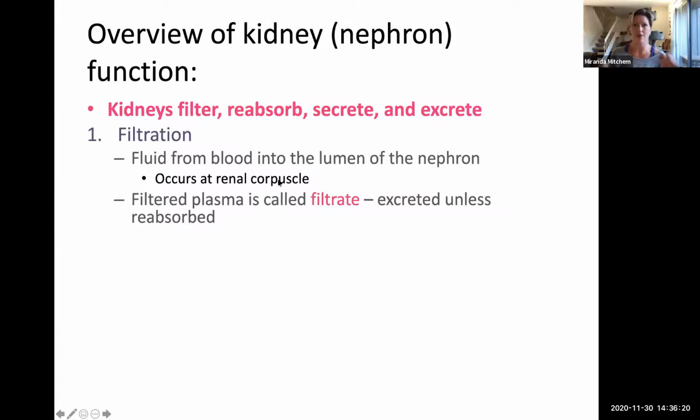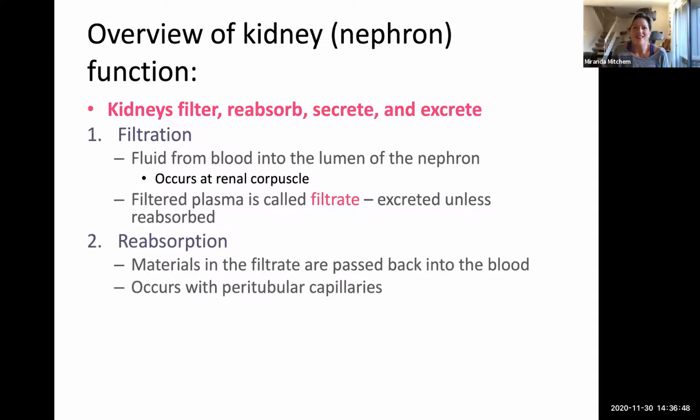So it contains blood vessel and tubule. Material that moves through this section into the glomerulus is called filtrate. And it is destined to go to the urine unless material is reabsorbed out of the filtrate. And most material is reabsorbed out of that filtrate.